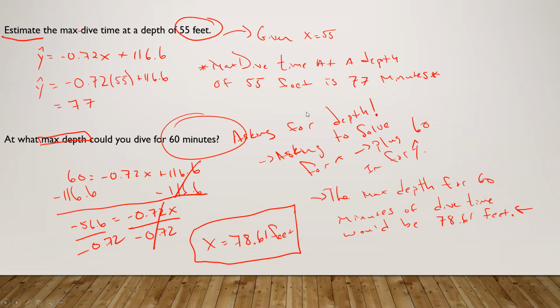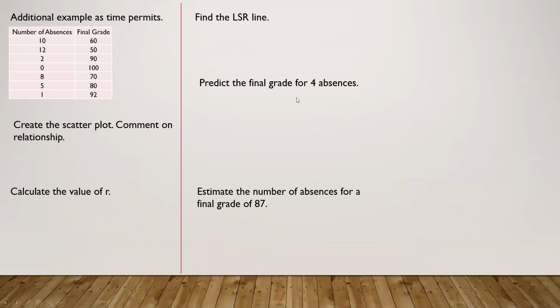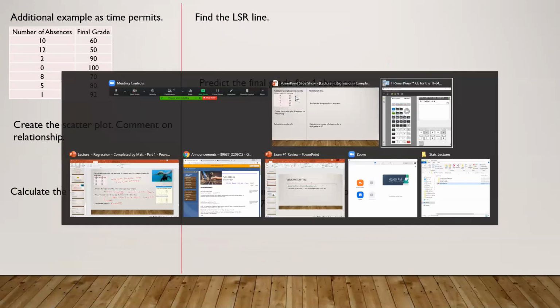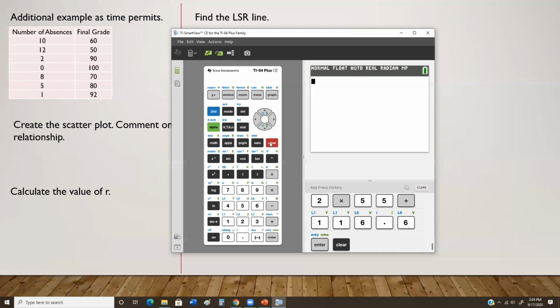Let's just do one last quick example here, so we can put this to bed. This is kind of what you'll see on your exam, just another one of these. Whenever you have data in your calculator, let's clear everything out.